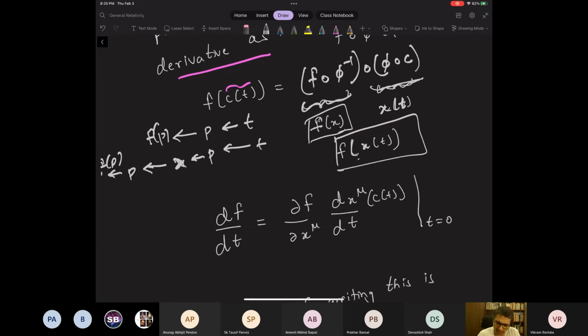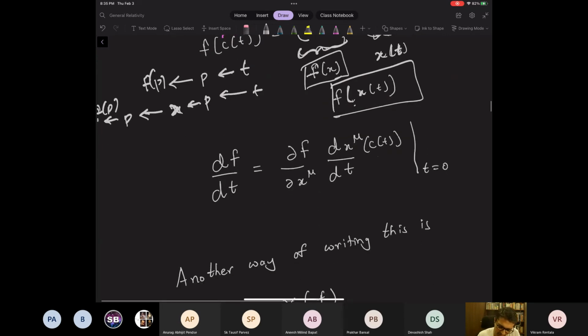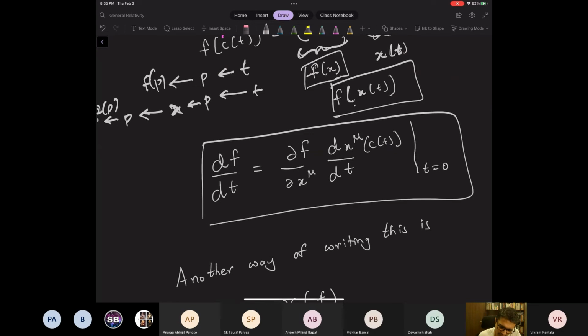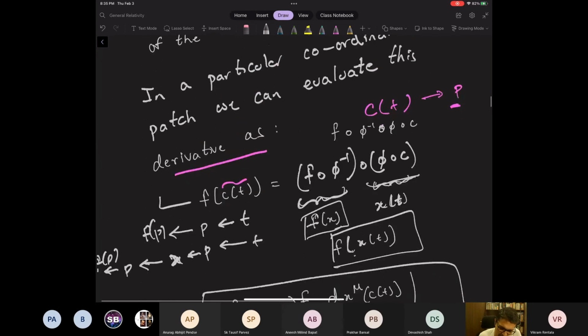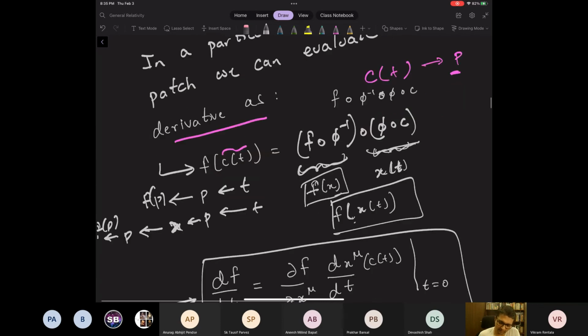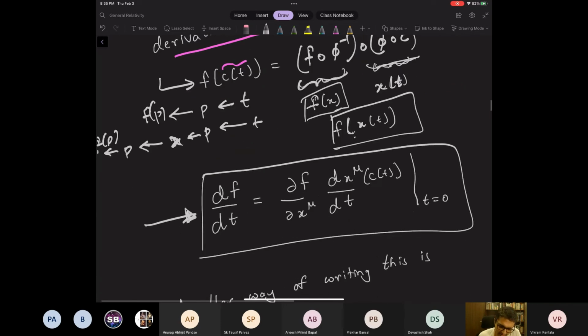Finally, I'll write this expression and then we'll stop. We can define the derivative of f of c of t as df by dt equal to, and now there are n coordinates x mu, where mu from 1 through n labels the x coordinates.